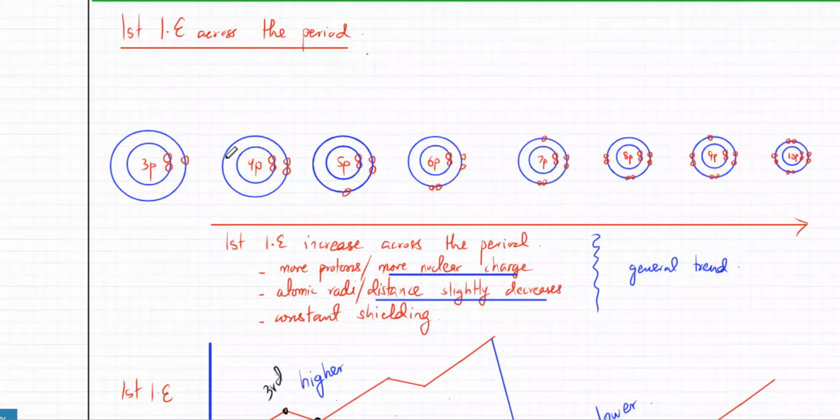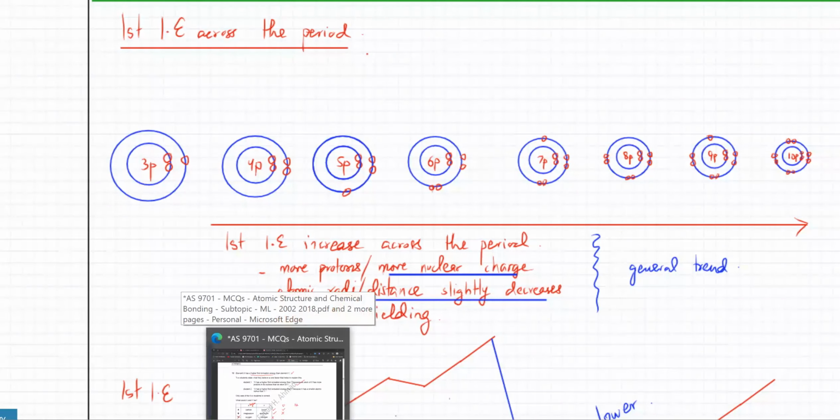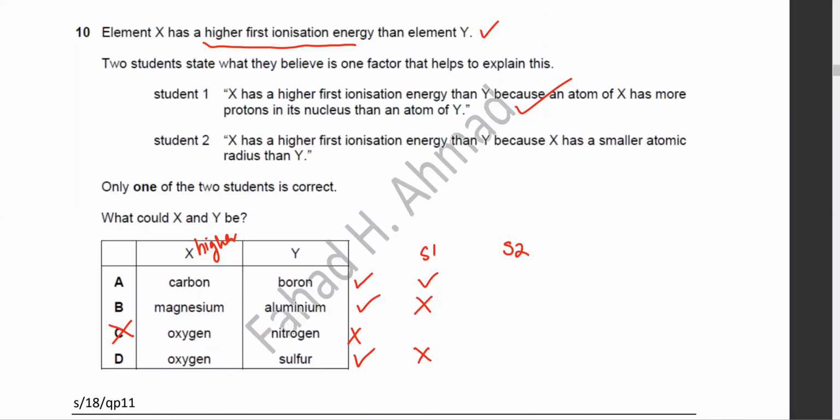You had 2 factors when you move across the period, like this is carbon and this is boron. One of the factors is that carbon has more protons. The other one is that the distance is also slightly smaller. So that means student 2 is also correct over here, that X also has a smaller atomic radius. Is that clear? Yes, sir.